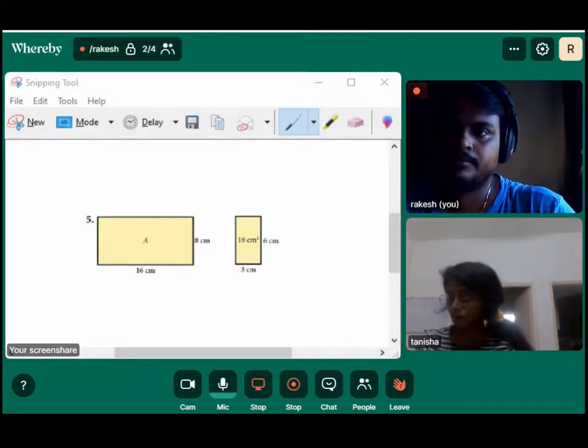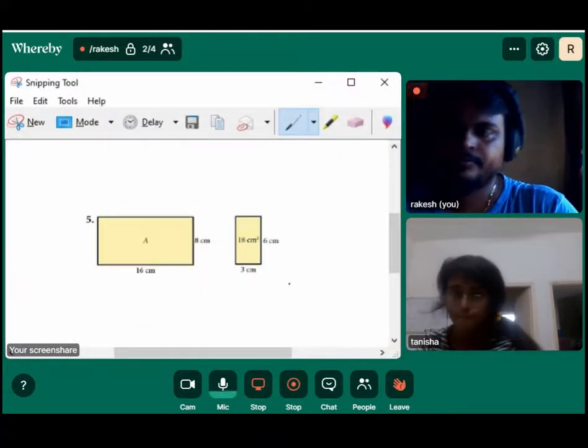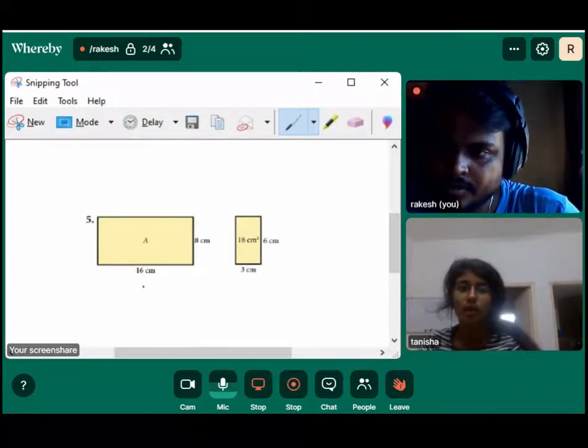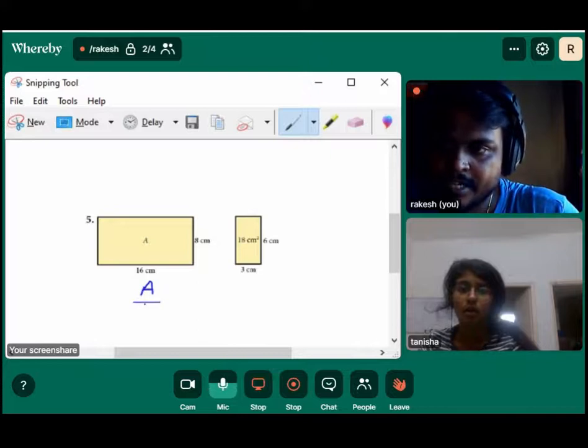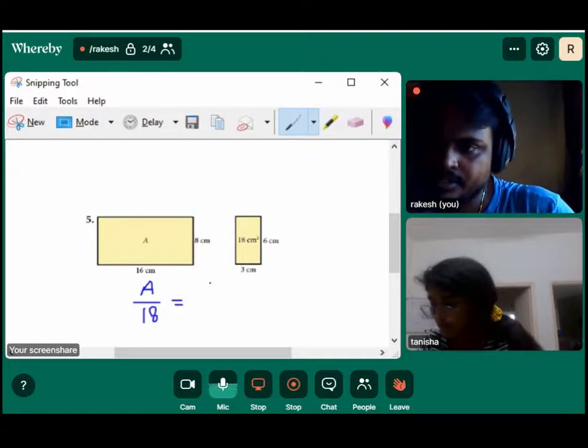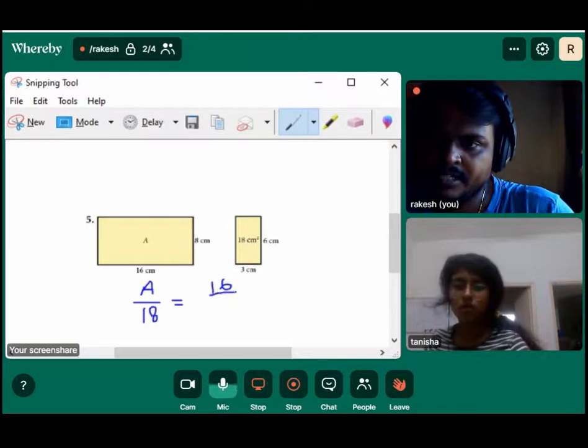I got 1024 centimeters square. How much? 1000. See, let me find out. A by 18 is equal to 16 by 6 square.